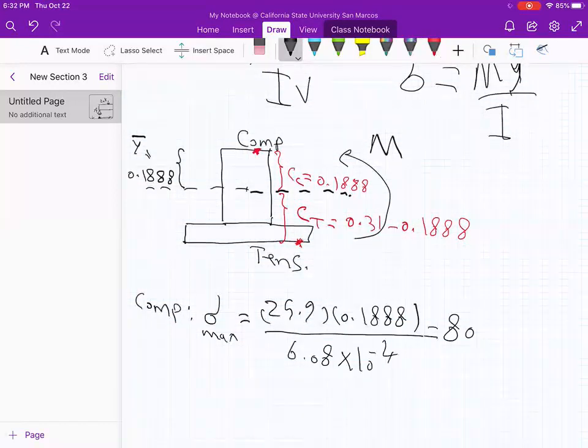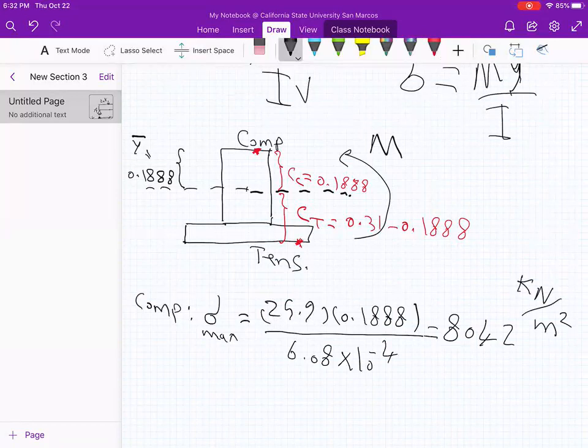Okay, guys, what is the unit? Moment is given in kilonewton meter, right? Therefore kilopascal. How about this one? Kilonewton per meter square, right?